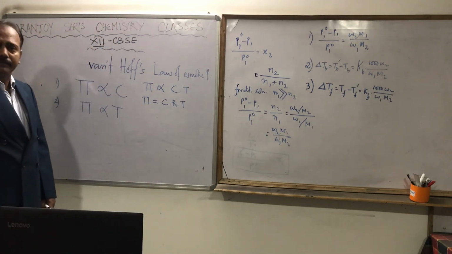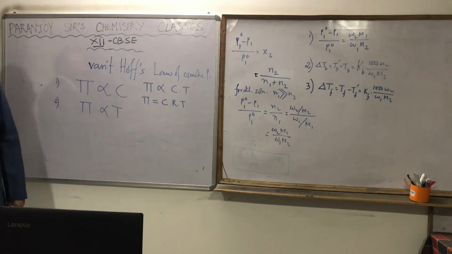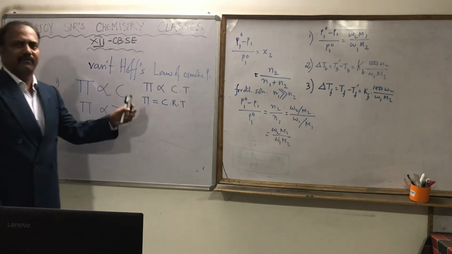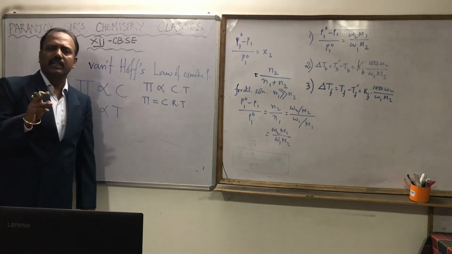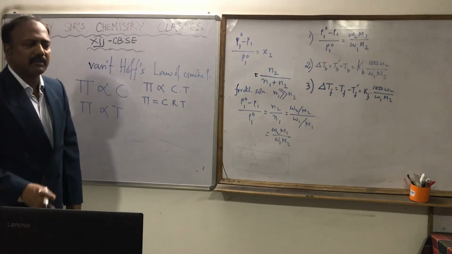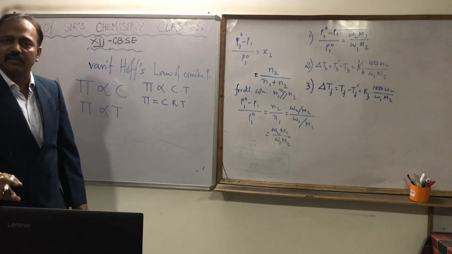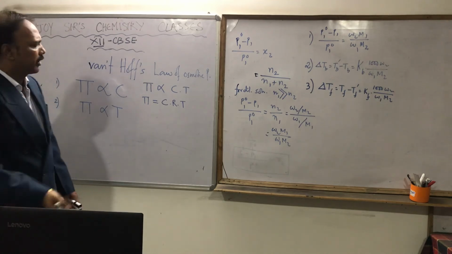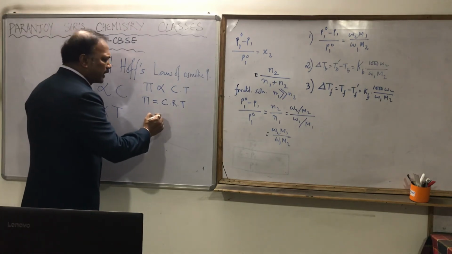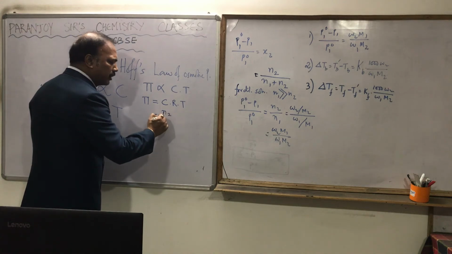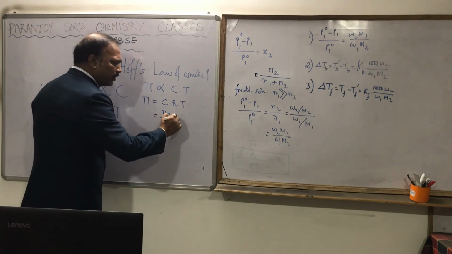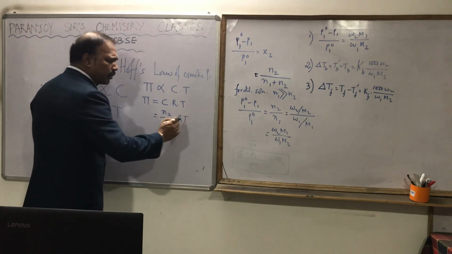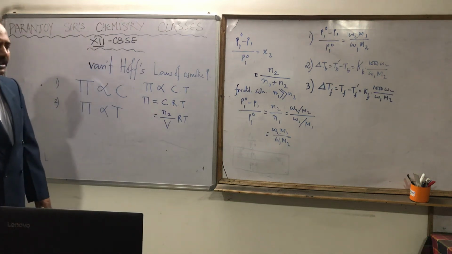Now what is C? C is concentration, and Van 't Hoff found that the concentration is molarity, not molality. Molarity is the number of moles of solute divided by volume of the solution in liters, so N2 divided by V into RT.